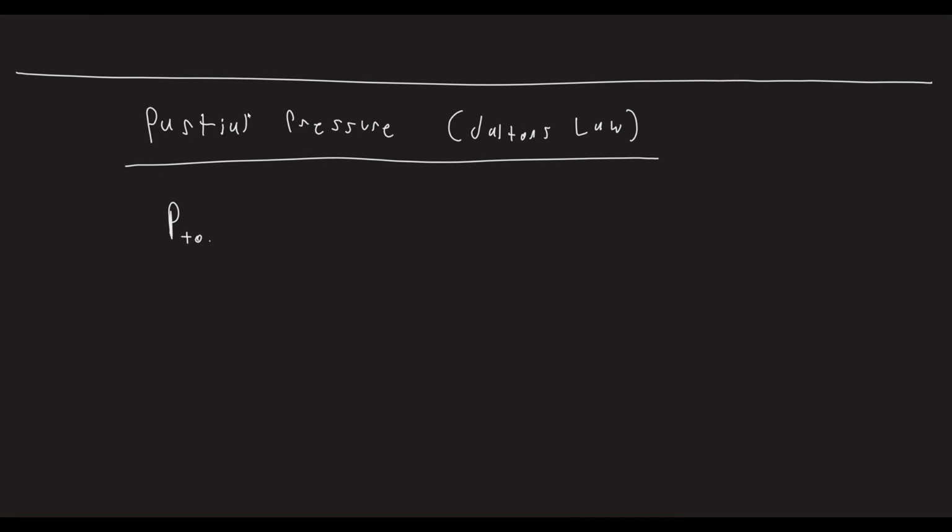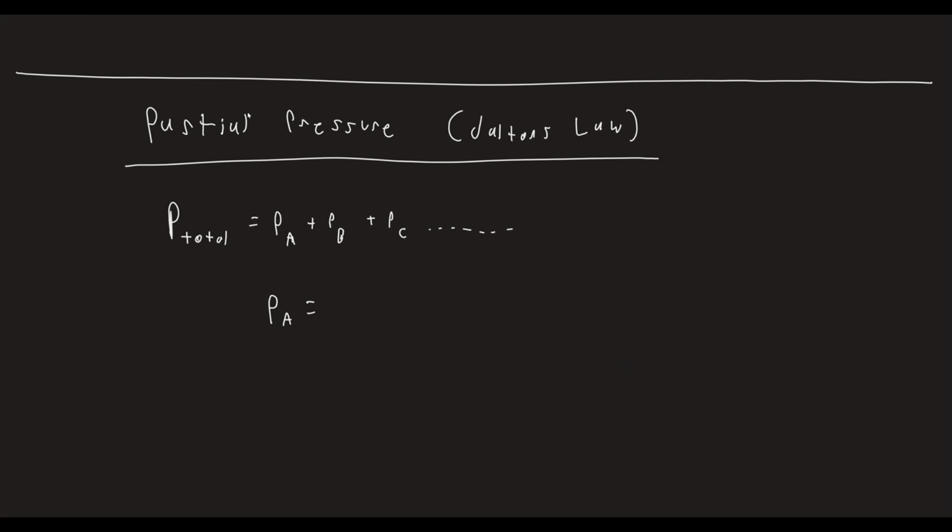So the equation for this is the P total is equivalent to the combined pressures of all of the other gases. So PA, PB, PC, etc. And that is literally it. The partial pressure is equivalent to the mole fraction of the individual compounds. And what is the mole fraction?